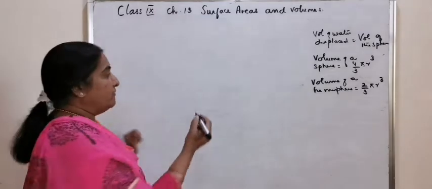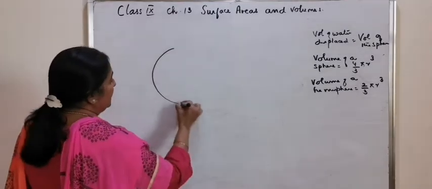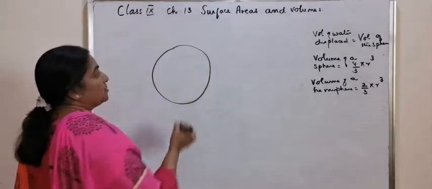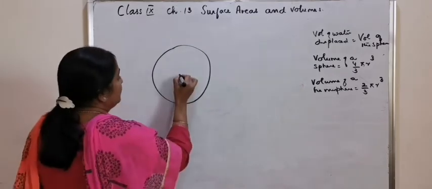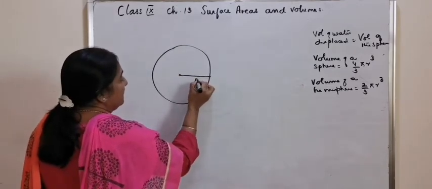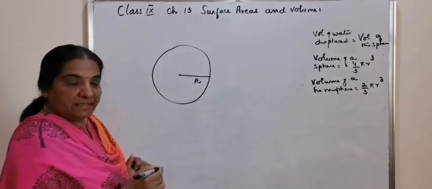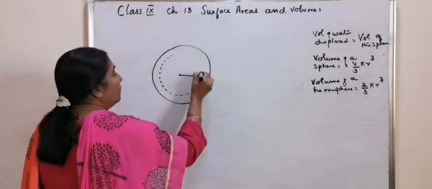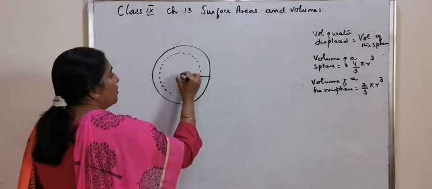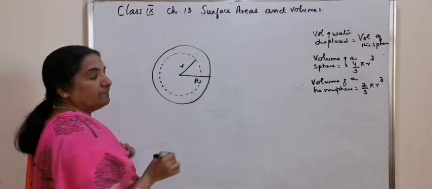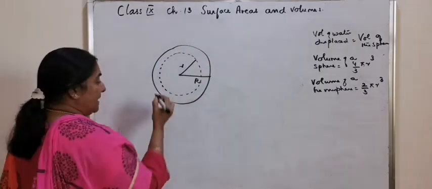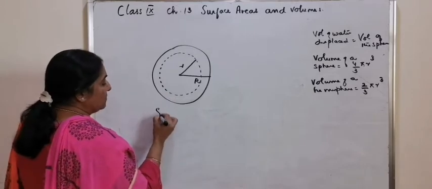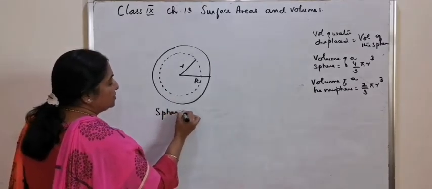Now when we discussed the cylinder, we discussed a cylindrical pipe. Similarly, if you have a spherical shape with radius capital R and you remove an inner sphere of radius small r, then the remaining solid you get is called a spherical shell.